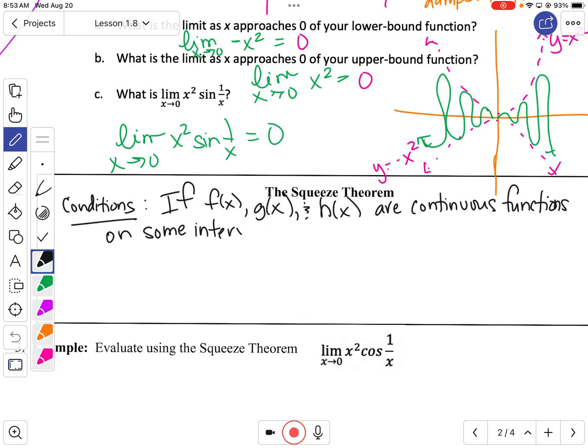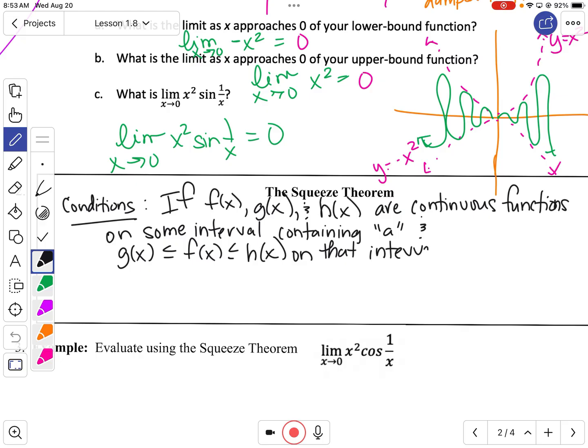Okay, so on some interval containing this value a. And g of x is less than or equal to f of x is less than or equal to h of x on that interval.